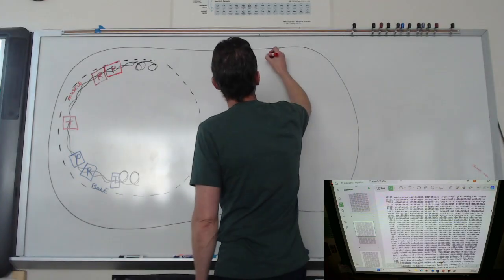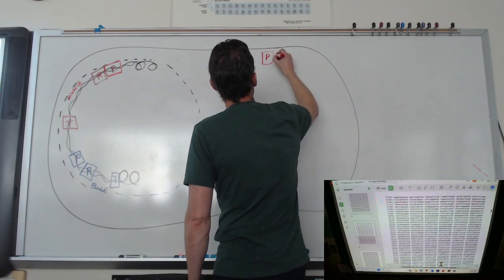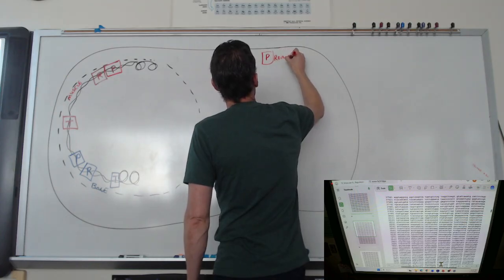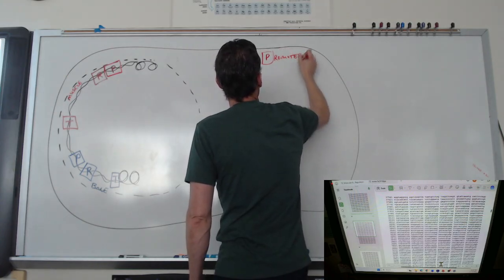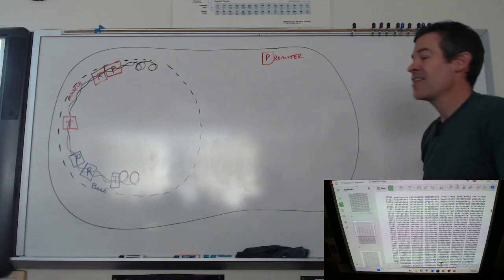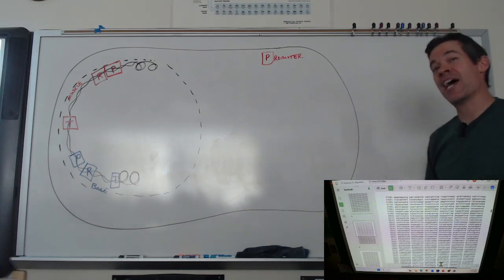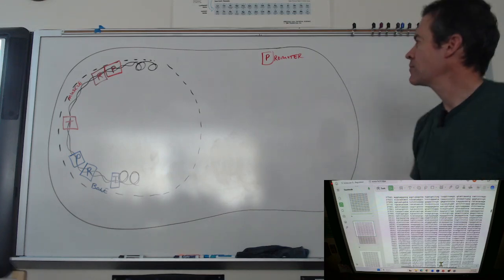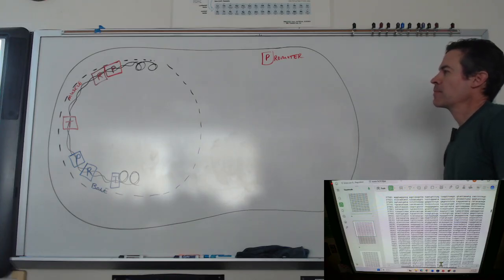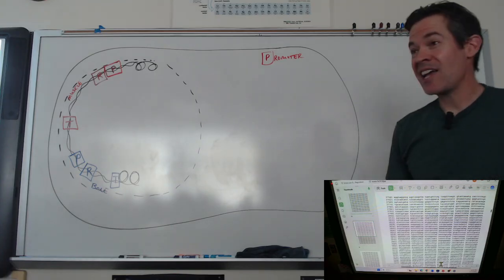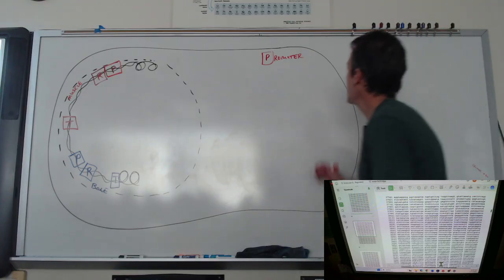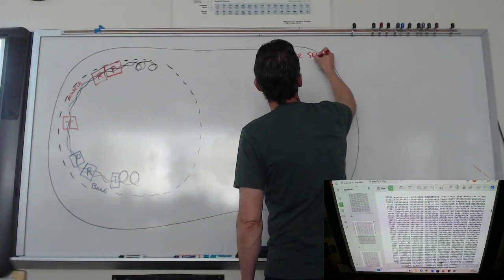So a letter P is a promoter. That's a sequence of DNA that functions as a promoter. It's still just made of A's and T's and G's and C's, but it is a promoter sequence.